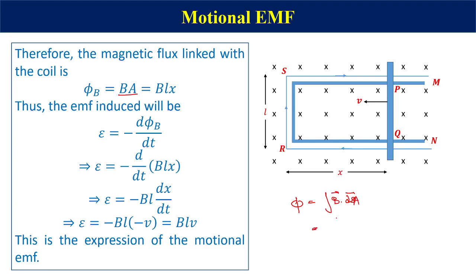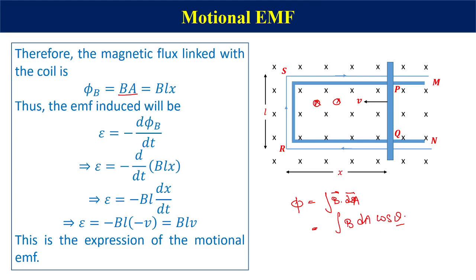If the magnetic field is constant or uniform, I can write it as integration of B dA cos theta. Now theta, the angle between the area vector and the magnetic field, is 0, because the area vector is pointing into the plane of this page, and the magnetic field is also into the plane of this page.